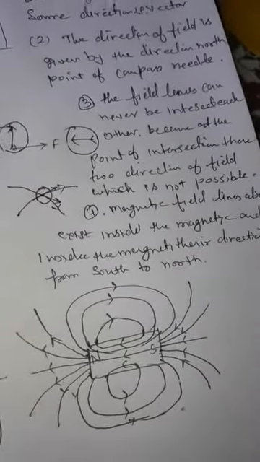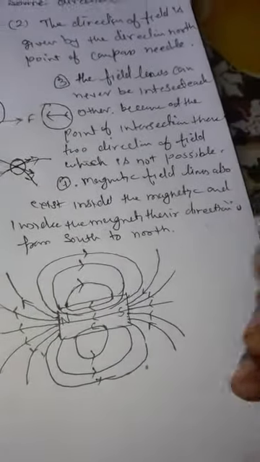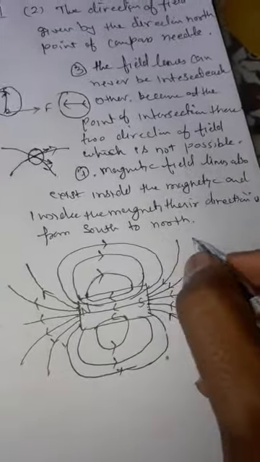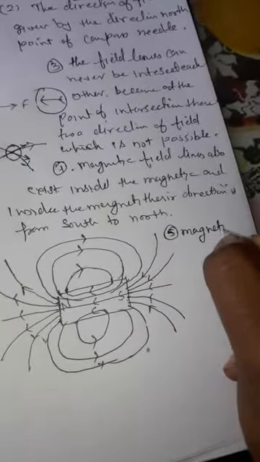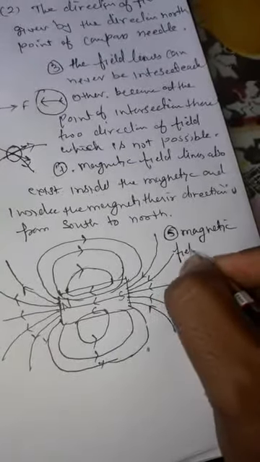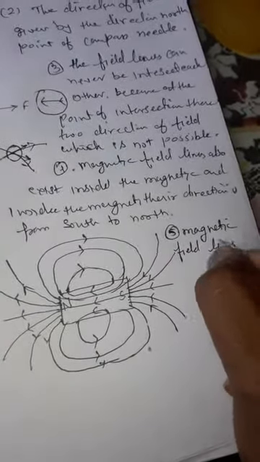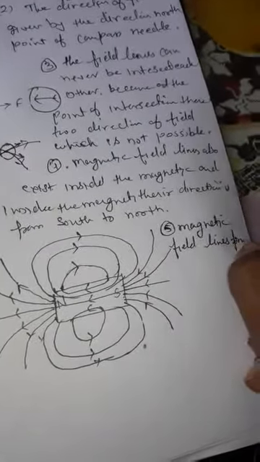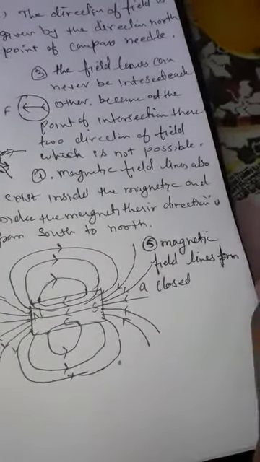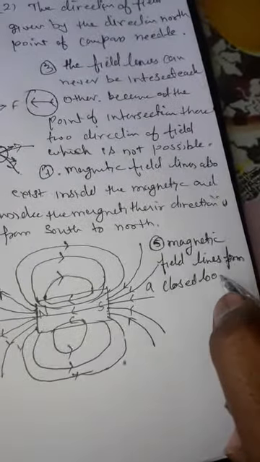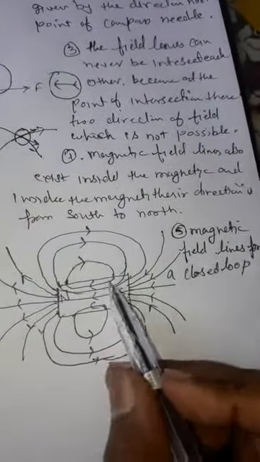From this, the fifth conclusion is that magnetic field lines form closed loops, as shown in the diagrams.